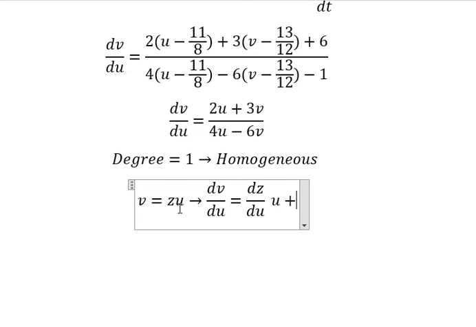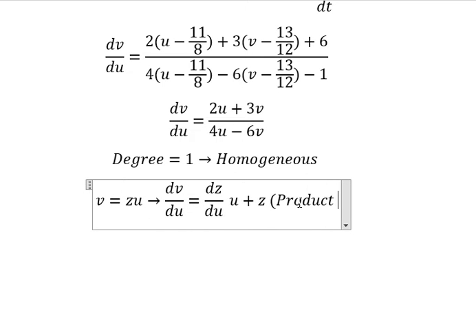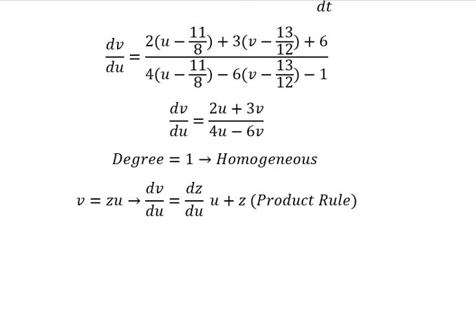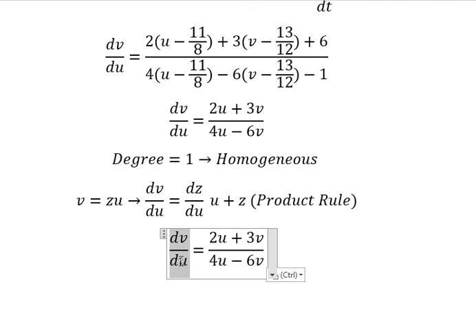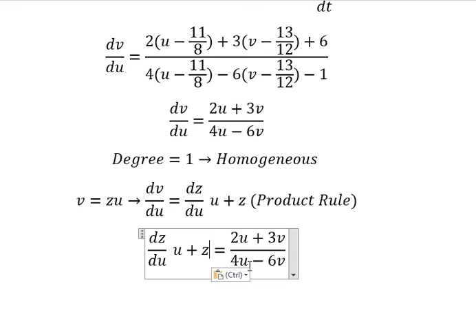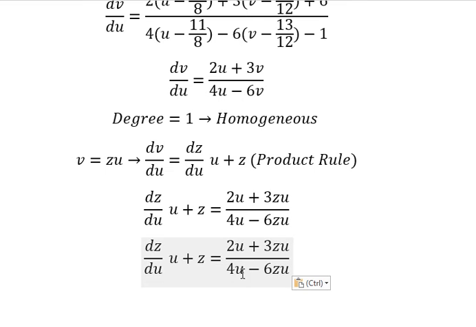Later we do first derivative of u, we have z, and that is the product rule of derivative. So this one we change by this one. So v we change by zu. So we have u and u.